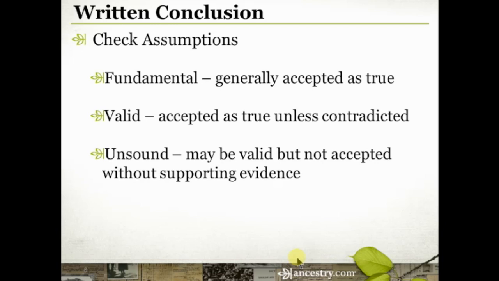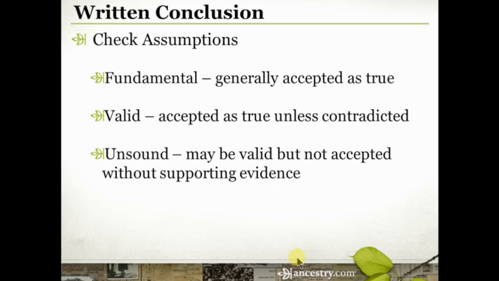An unsound assumption would be that that is her maiden name, unless you have supporting evidence that shows that that is also the surname of her parents. That name on that marriage certificate could be the last name of her first husband. Okay, so you need additional evidence to support that assumption.